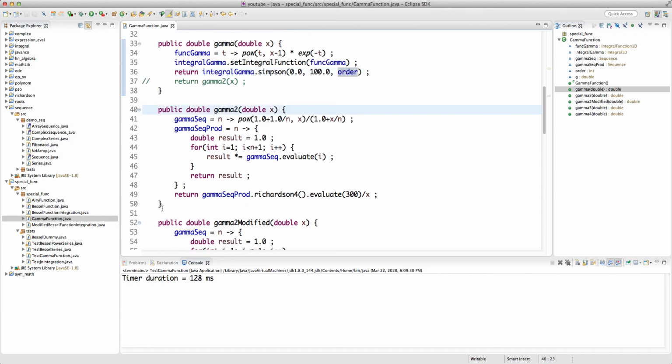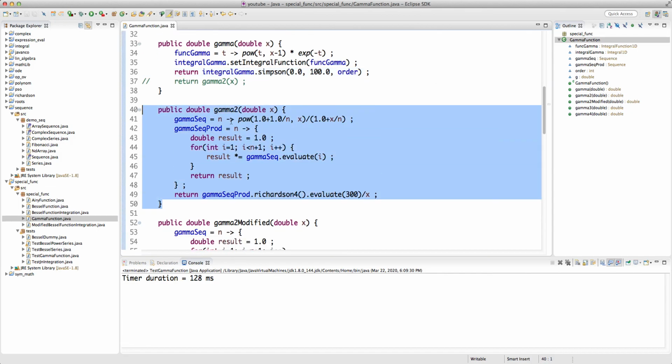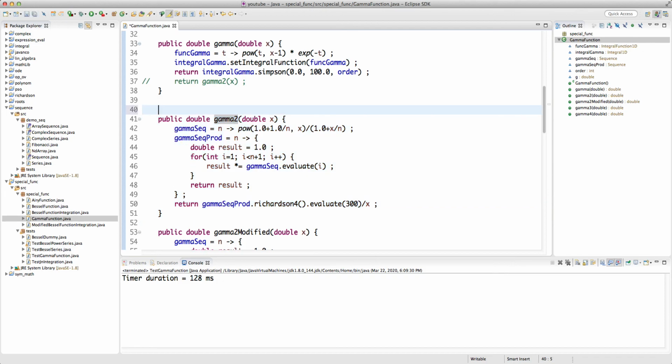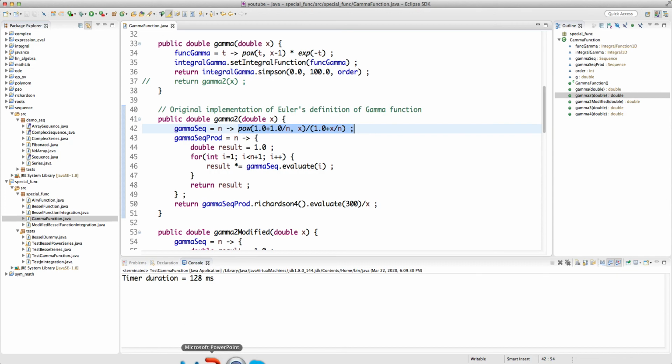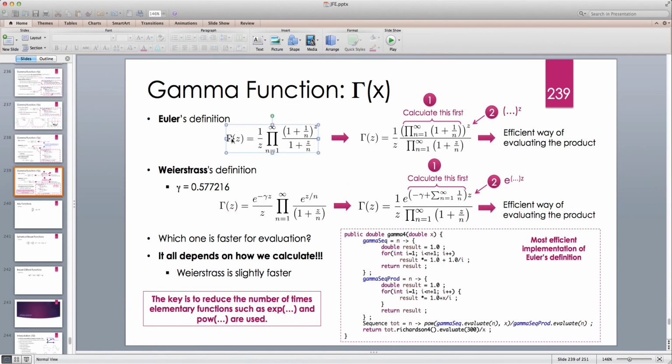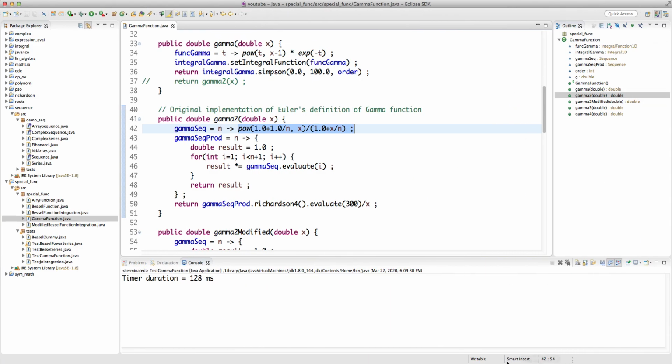So gamma 2 is the original implementation of Euler's definition of the gamma function. All right. So here we are calculating the power. So basically by original definition, I mean this one: 1 plus 1 over n raised to the power of x or z.